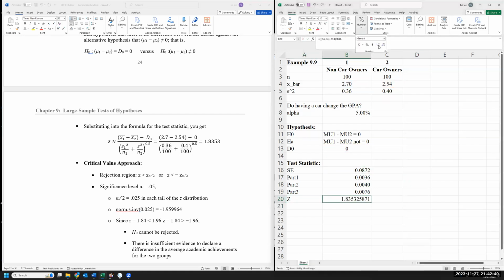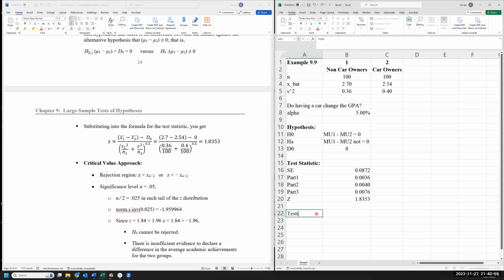It looks like we calculated everything correctly because that equals the number in the notes. So we have our test statistic. We calculated that. We have our hypothesis. Next step is to do the testing.